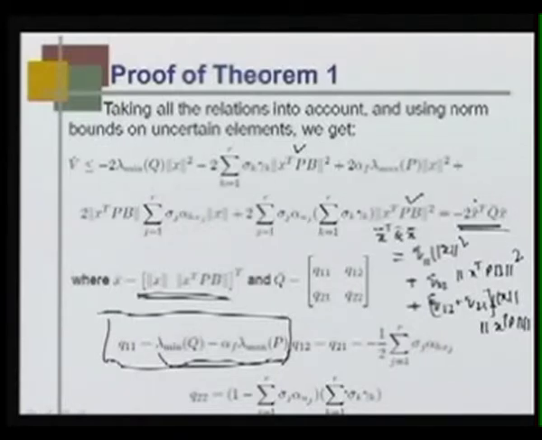I have two terms, so I can divide them equally and make q12 equal to q21. So, q12 equal to q21, which is minus half, because if I take minus 2 common, I get minus half here. So, minus half sum over j equal to 1 to r of sigma j alpha h x j.